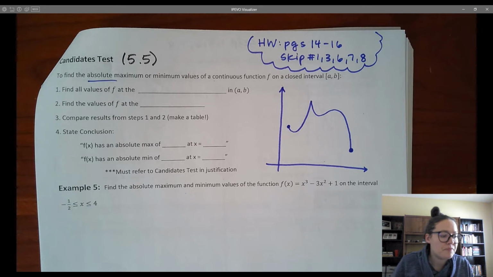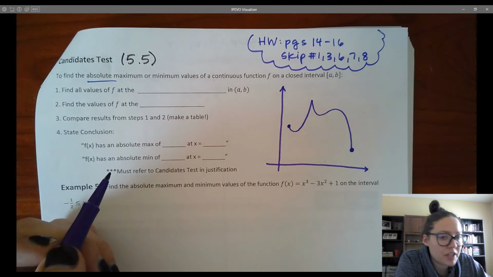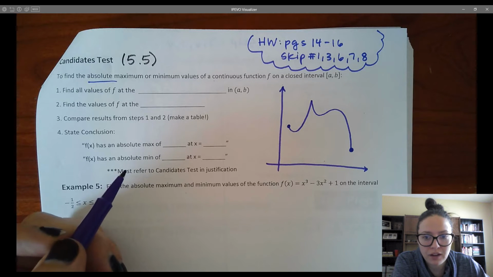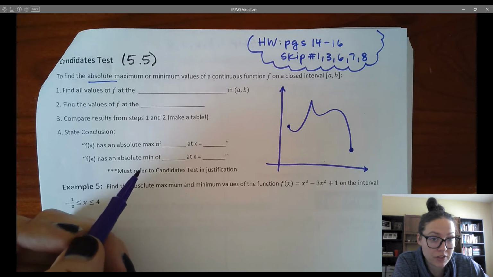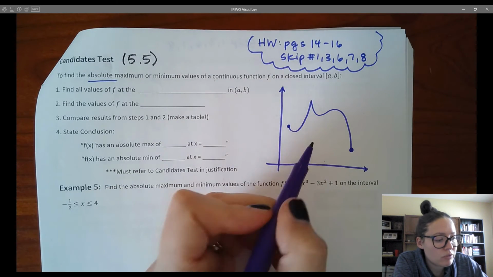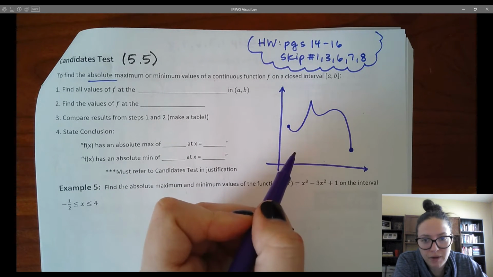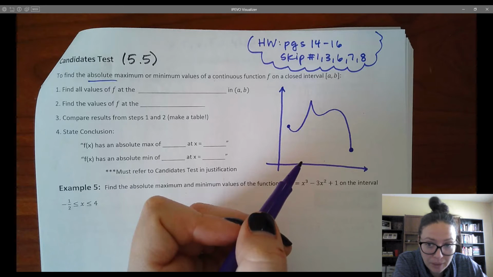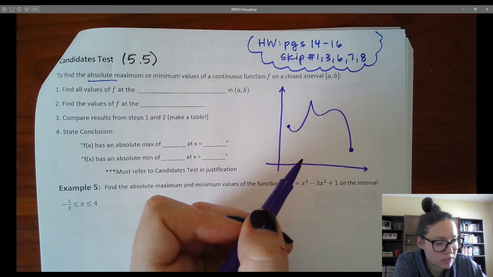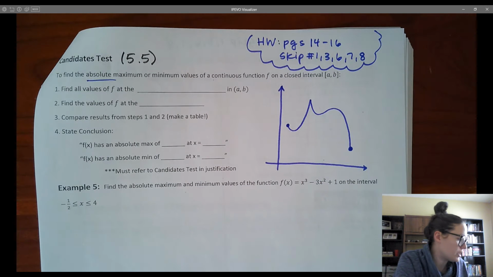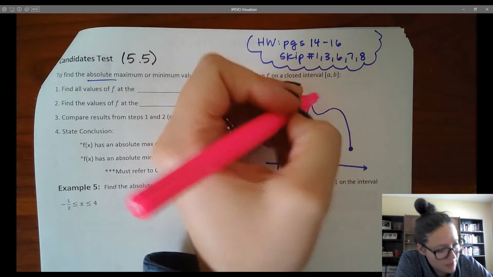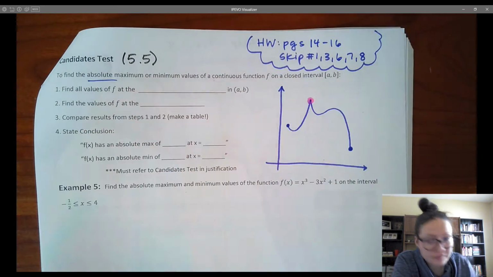However, when we are looking for the absolute maximum or minimum, we have to consider a few different things. So if you look at this picture right here, if I asked you to identify the absolute maximum, it would occur at this point right here, right?